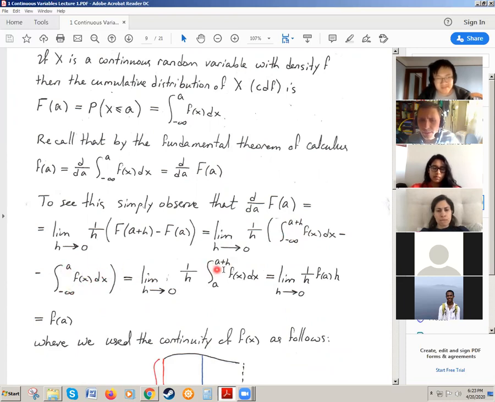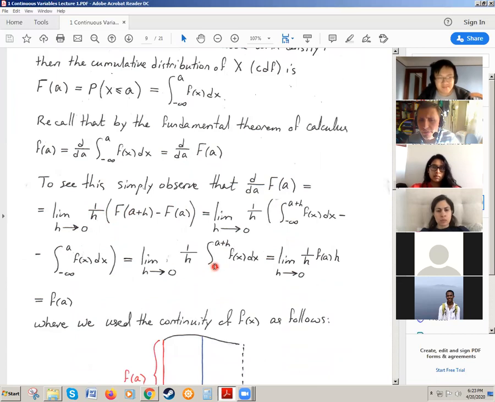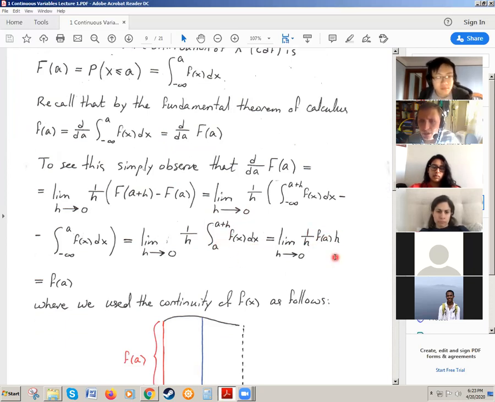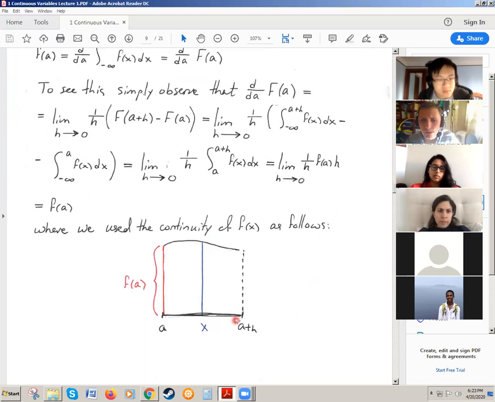So when I cancel them out, I just get the area from a to a plus h of little f times 1 over h, right? This is very, very simple. Because little f is continuous, I can replace this integral, where h is small enough, by f of a times h. Do you see why I can do that? Because think about it, right?